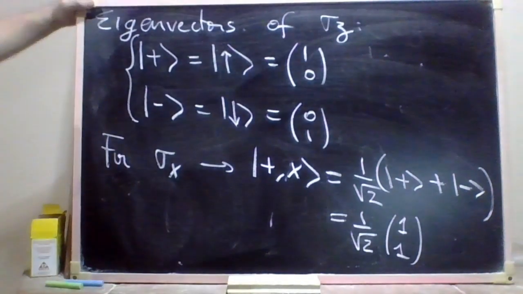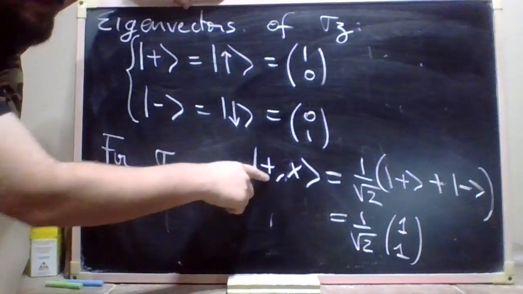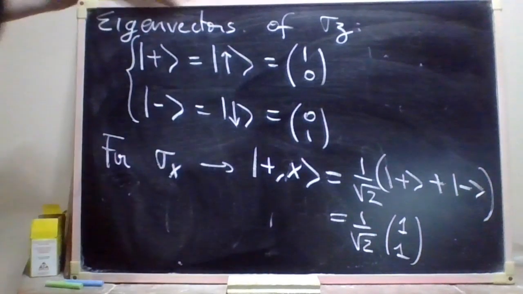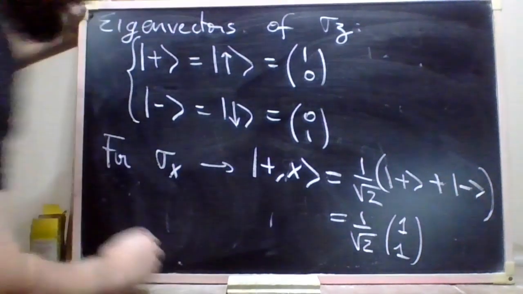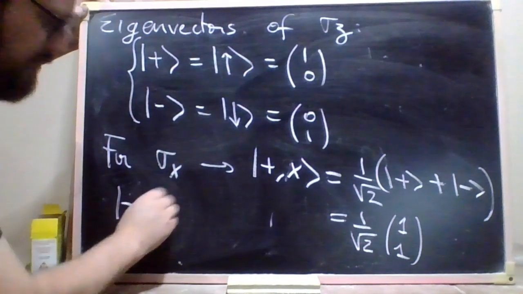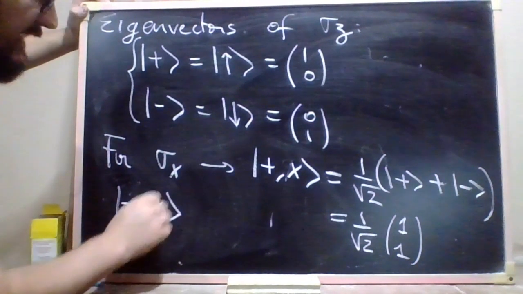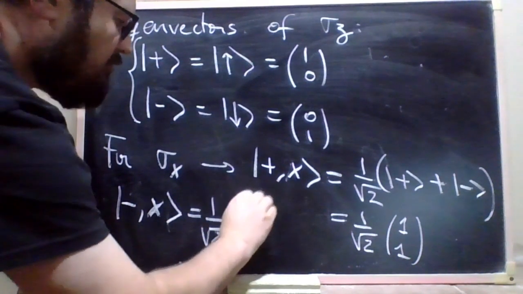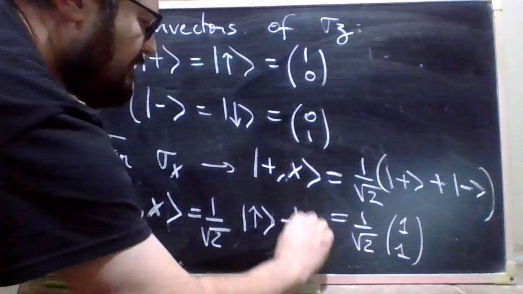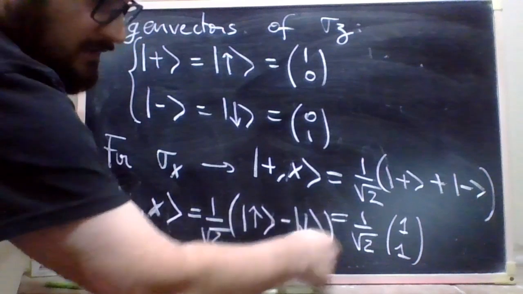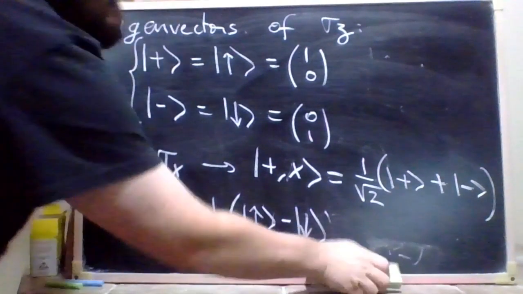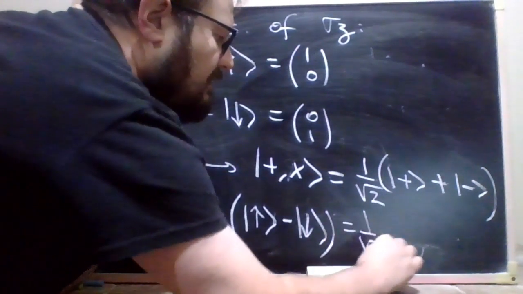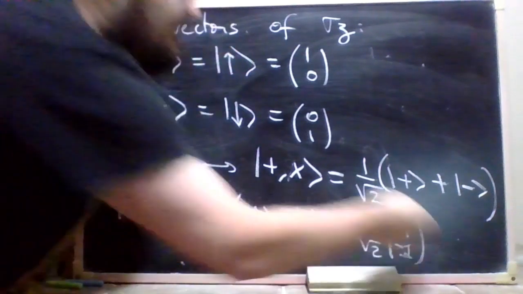This is related to the plus 1 eigenvalue of sigma x. You'll find that. And if you pick up the minus eigenvalue, you'll find this eigenvector: up minus the down state, and as a column vector, 1, minus 1.